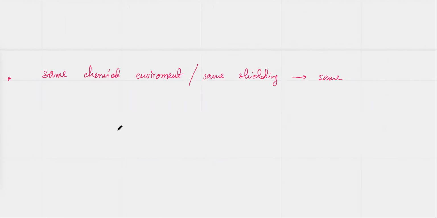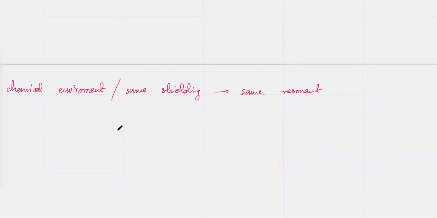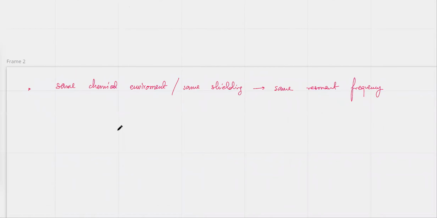So the rule is, if they have exactly the same chemical environment, similar shielding, which kind of indicates that they're bonded to the same atom, they're going to have the same resonant frequency.